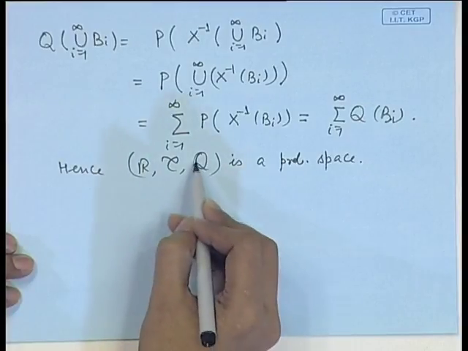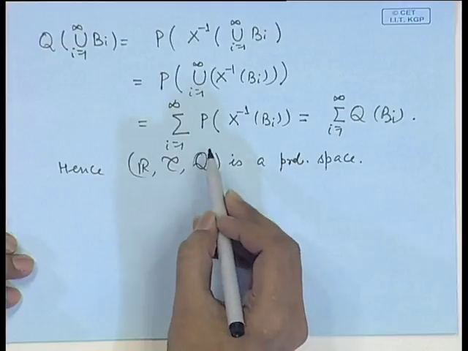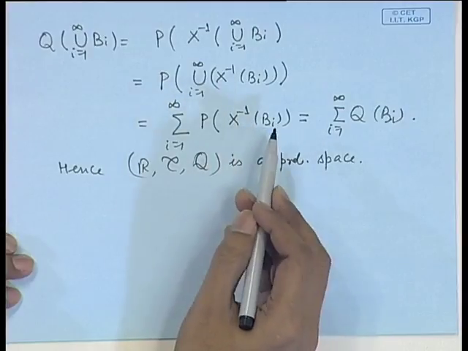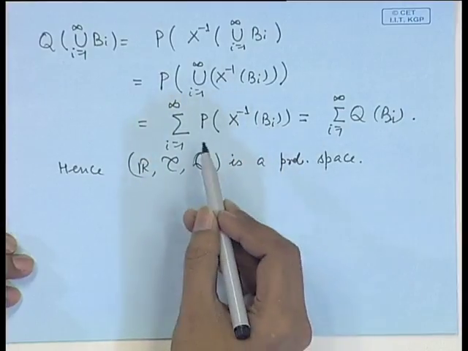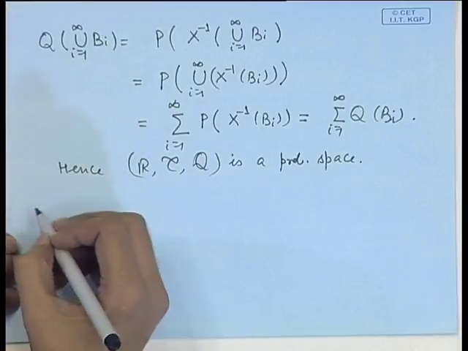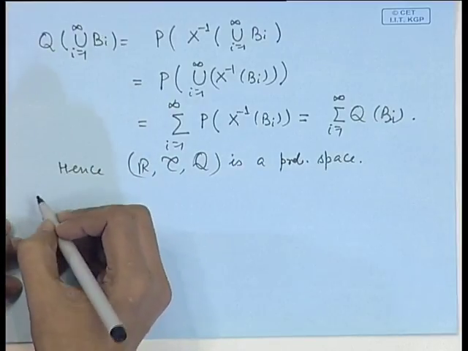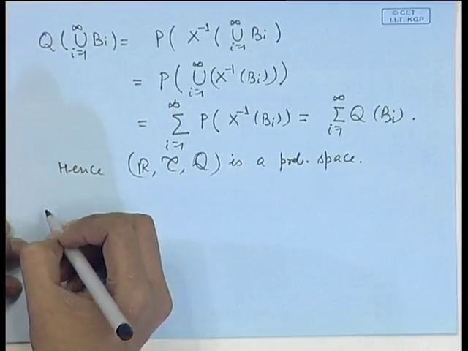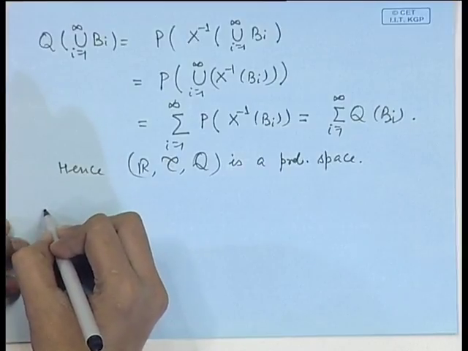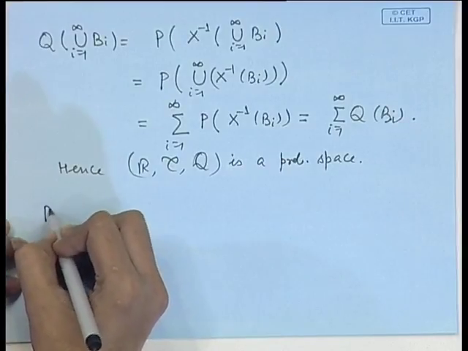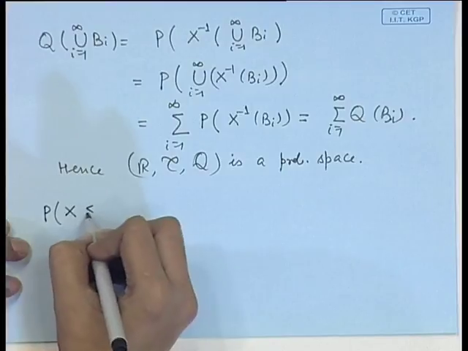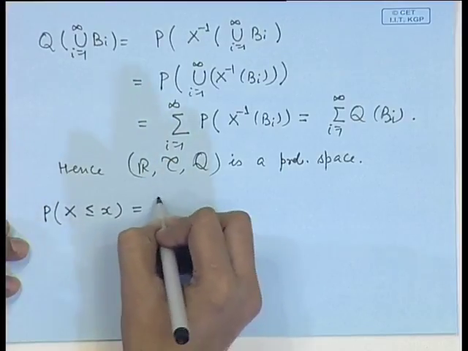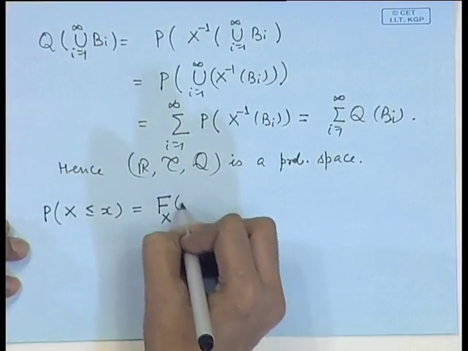Since Q is a set function and here I am looking at the real numbers, there is another function which we consider continuously and it is called distribution function. We define probability of X less than or equal to x as, say, F_X(x).